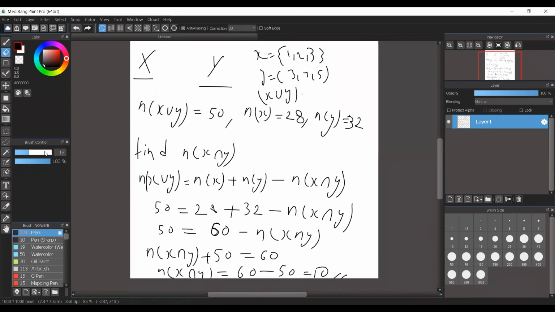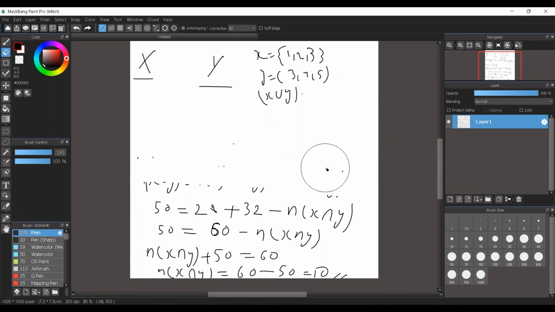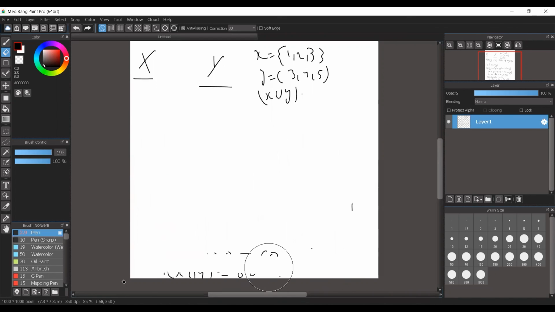Yeah, please. Write the values also for X union Y and X intersection Y.